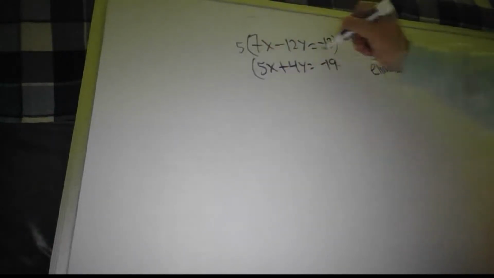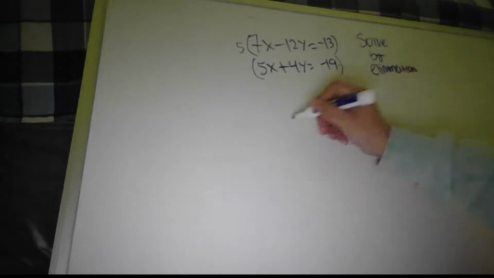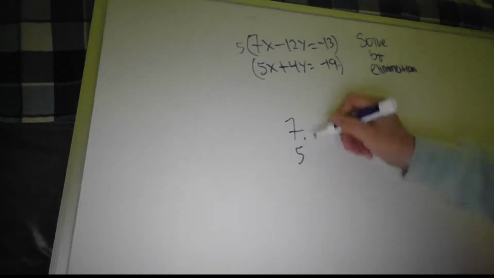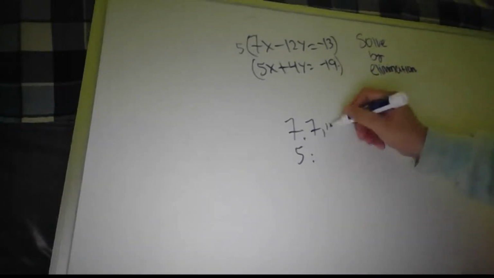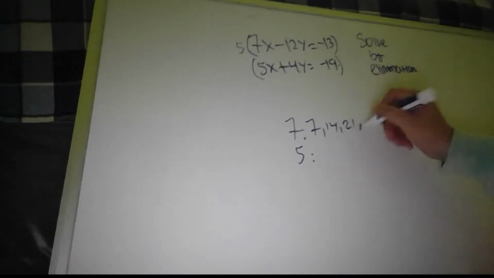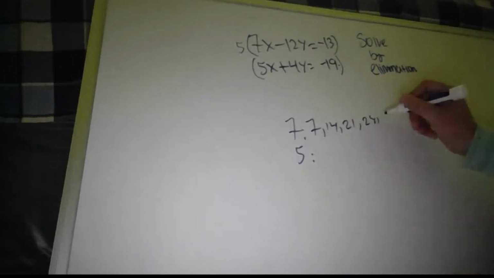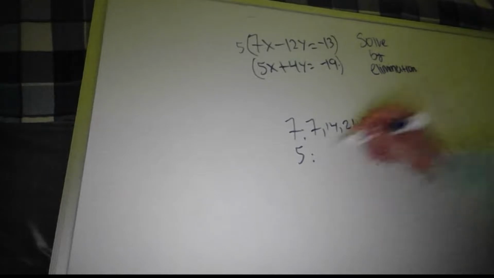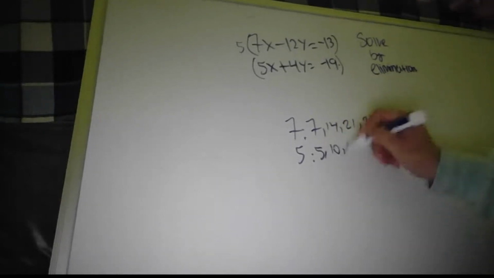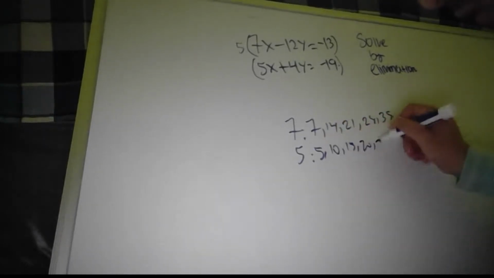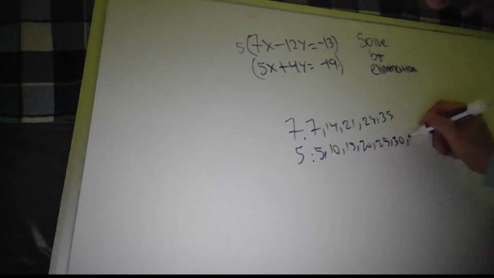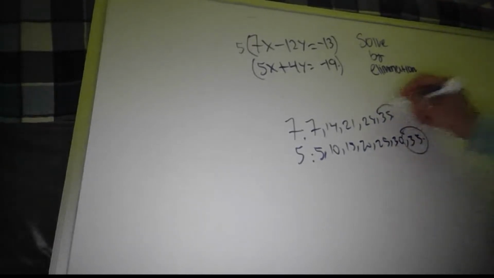I do 7 and 5, right? 7, 14, 21, 28, 35, and then 5, 10, 15, 20, 25, 30, 35, right?